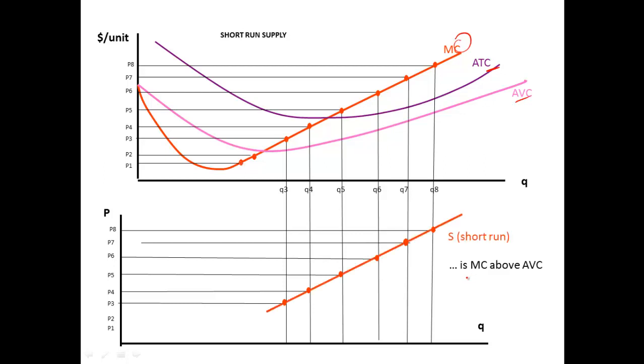It's the marginal cost curve above AVC. So literally, if we had a continuum of prices, it's this whole part of MC, the part that's above this dot. So again, the firm's short-run supply curve is its marginal cost curve above the minimum of average variable cost.